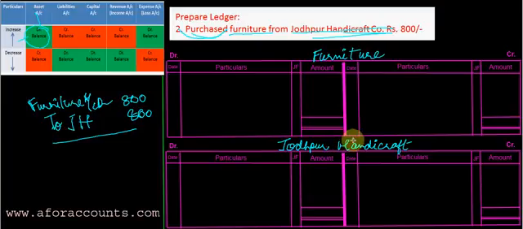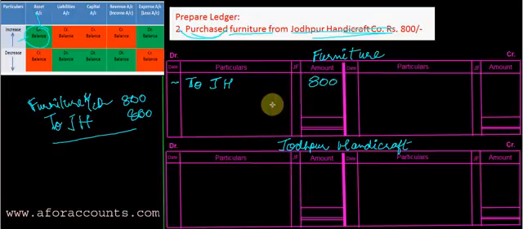So let's start posting. Furniture account debit to Jodhpur Handicraft. Furniture account debit side, you have to write it in the debit side because furniture account is debit. Post it here, write the date, to Jodhpur Handicraft, and the amount is 800.